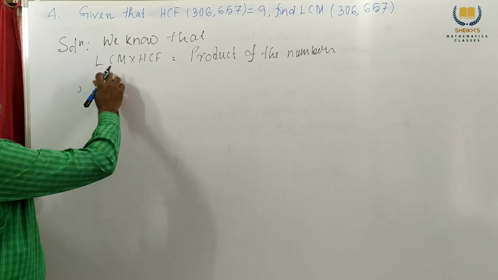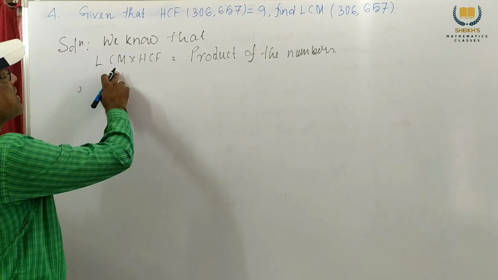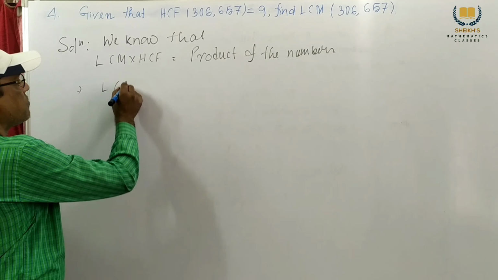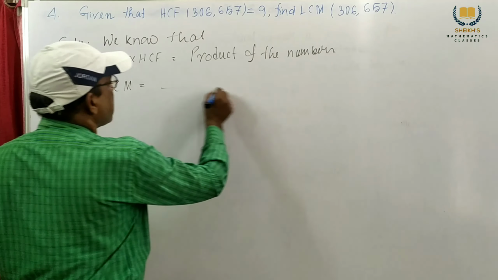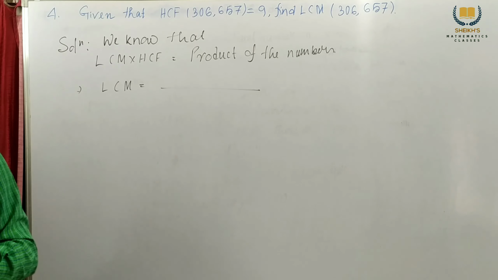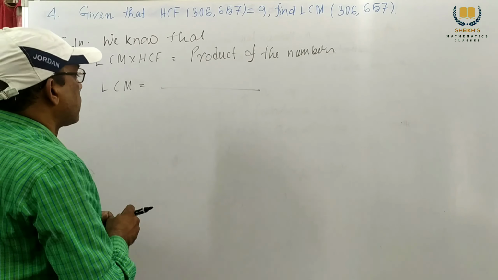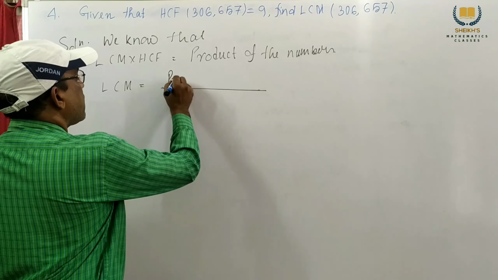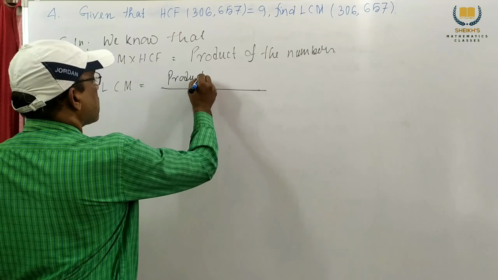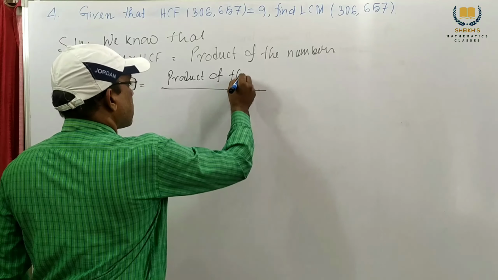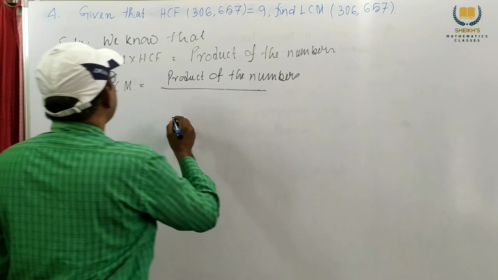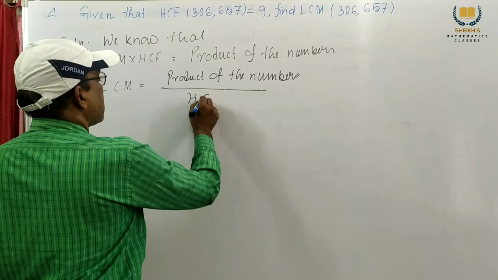So this HCF is given. We get LCM equal to product of the numbers by HCF.